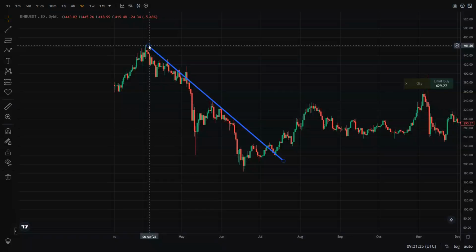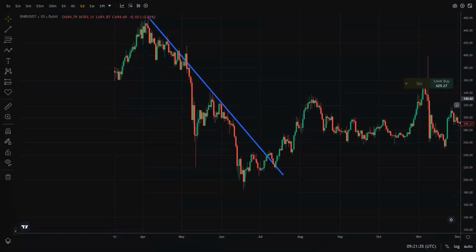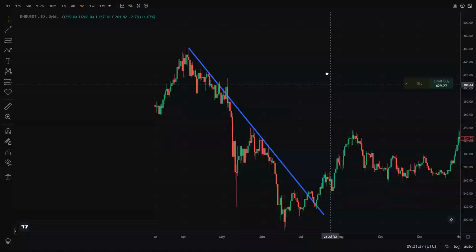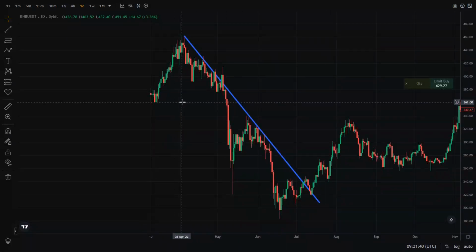First, your candle must touch at least two, either the body or the wick of your candlestick. Let me expand it a little bit. So your candle must touch two or more parts of the candle, that is the minimum, in a downtrend or in an uptrend.